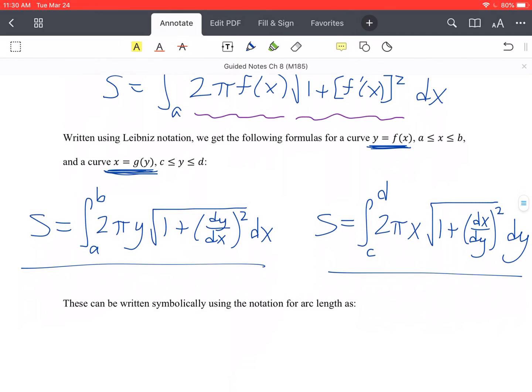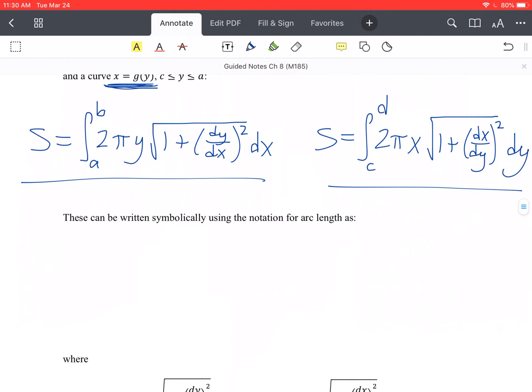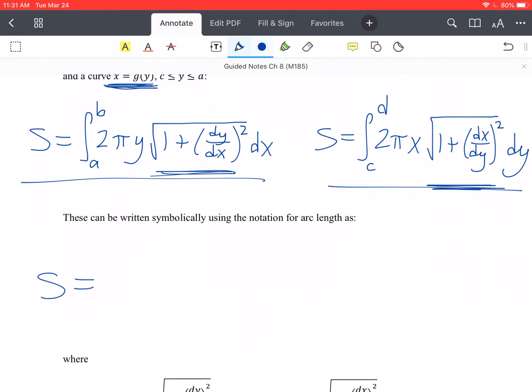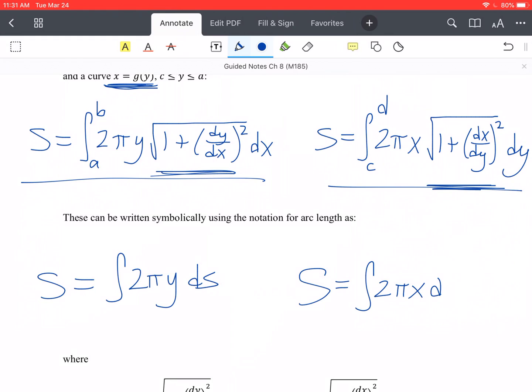And these can be written symbolically using the notation for arc length, because again, this second portion here is the definition of arc length. So we can rewrite these as s equals the integral of 2 pi y ds, or the integral of 2 pi x ds.